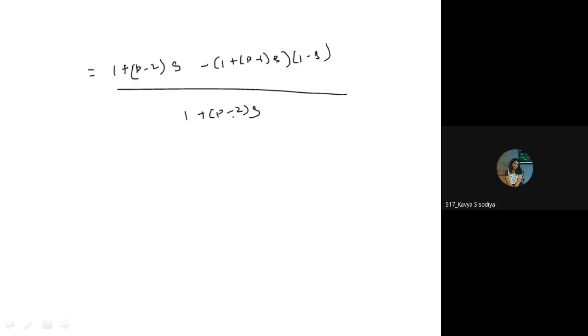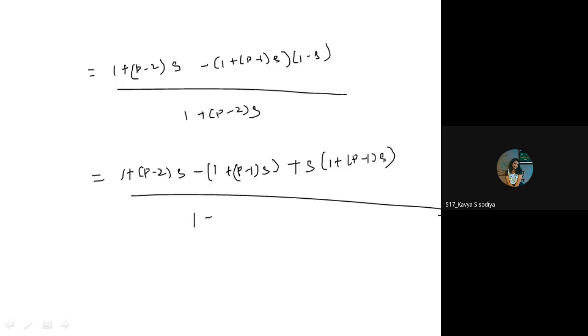Now what is the answer? So it is 1 plus p minus 2 rho as it is. This is 1 multiplied with this. So what will you get? It is 1 plus p minus 1 into rho plus rho into 1 plus p minus 1 into rho, and divided by 1 plus p minus 2 rho. So you can cancel out the things. What will you cancel out? This 1 will be cancelled with this, and this is p minus 2 rho.